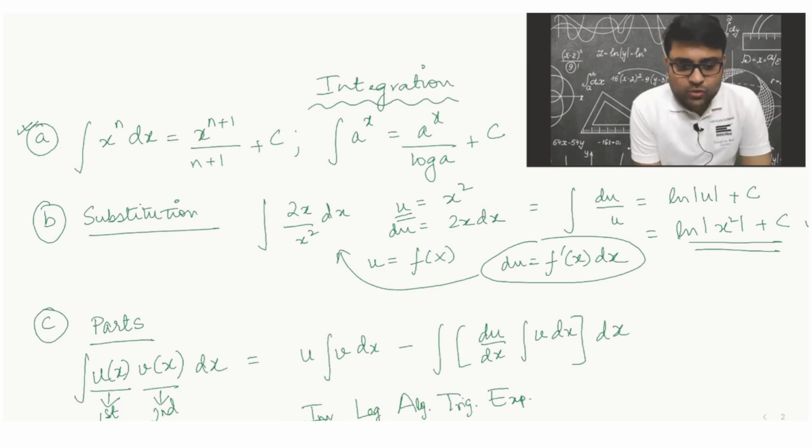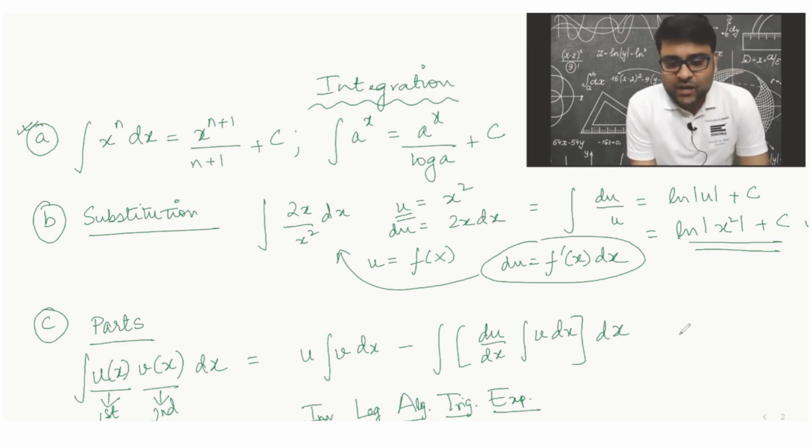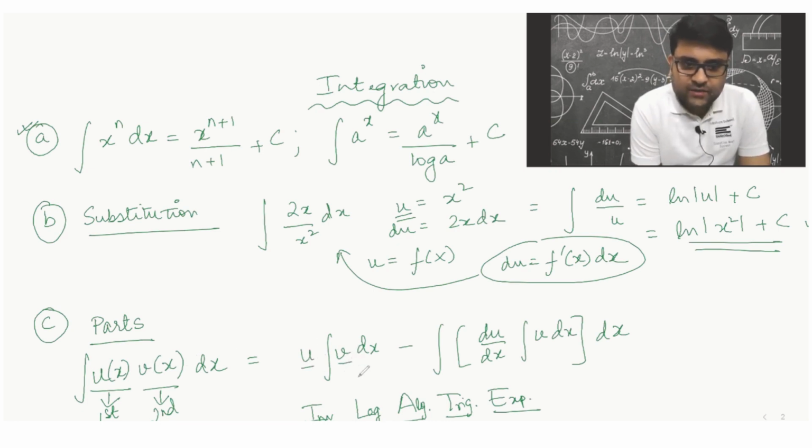So we usually follow this order for the first and the second function. So if I have an inverse and a logarithm multiplication, supposing u is an inverse, v is a logarithm, then I will consider the inverse first and then the logarithm. So inverse will be the first function, logarithm will be the second function.